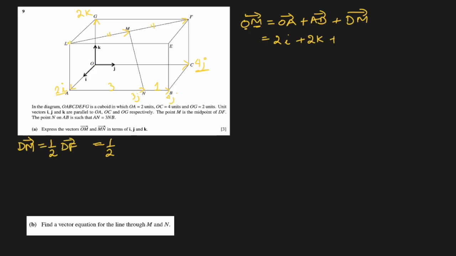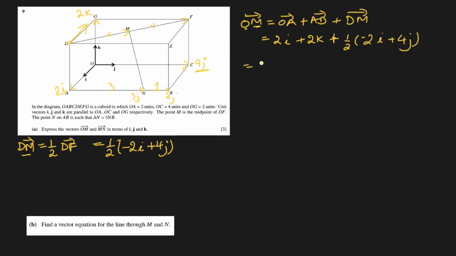Starting from D ending at F, I go this direction first, which is minus 2i, isn't it? So minus 2i, and then I go along GF, which is parallel to OC, which is 4j. Got it. DM is in terms of i and j now, so plus half of minus 2i plus 4j.